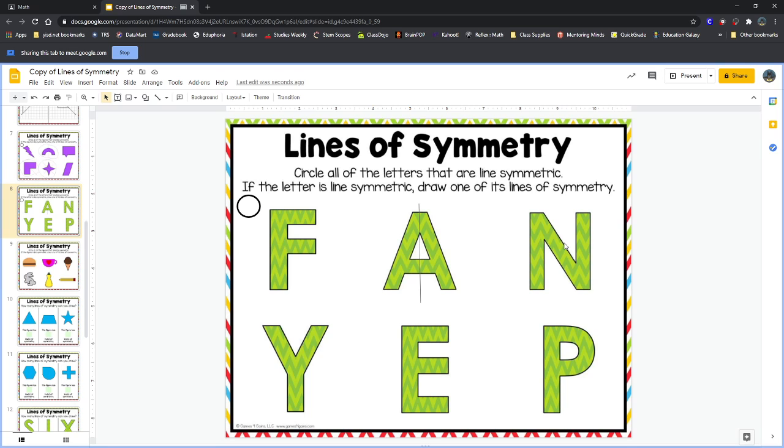What about the letter N? Who can tell me on the letter N, are there any lines that I could draw where I would have two congruent sides, same size and the same shape? Bella?